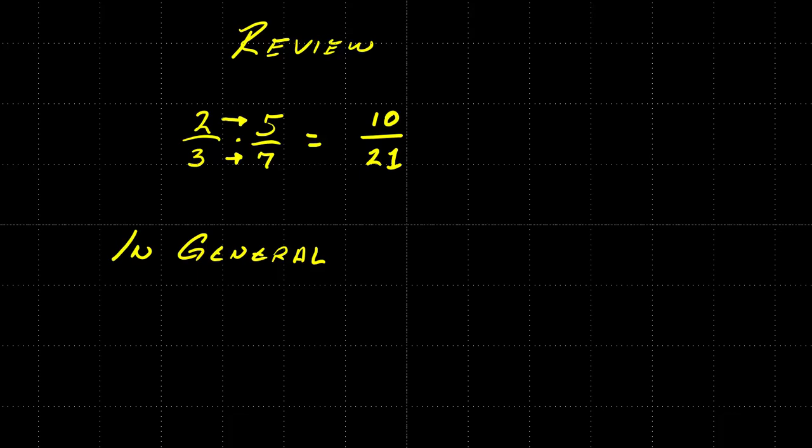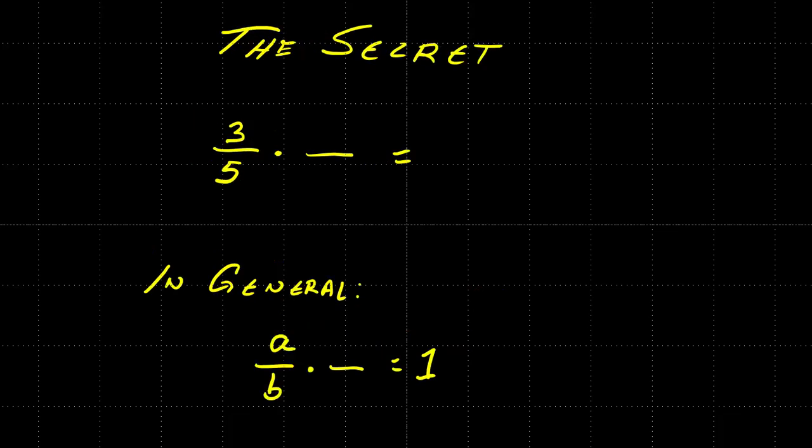So in general, whenever you're multiplying two fractions, let's say you have a over b times c over d, you would get a times c over b times d. Fractions don't get any easier than that. Let's move on to the next slide.